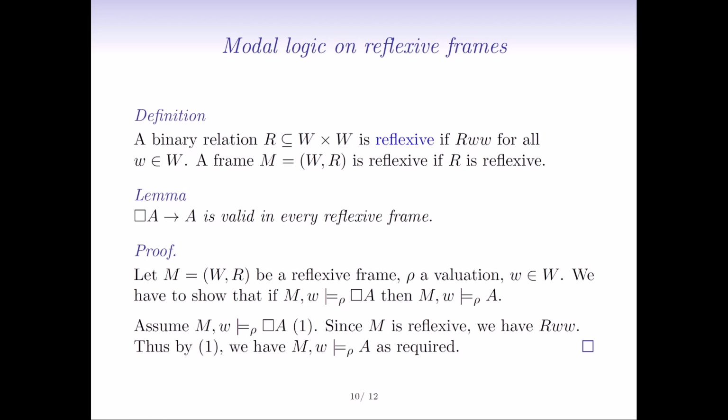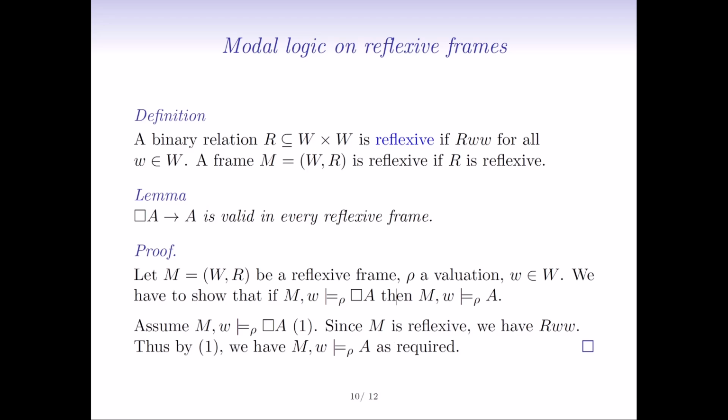Now, since the frame is reflexive, meaning that the relation R is reflexive, w is accessible from itself. We have R(w, w). And since box A is true at w, meaning that A is true at all worlds accessible from w, and since w is accessible from itself, that means that w itself must satisfy A. And that's exactly what we wanted to show.